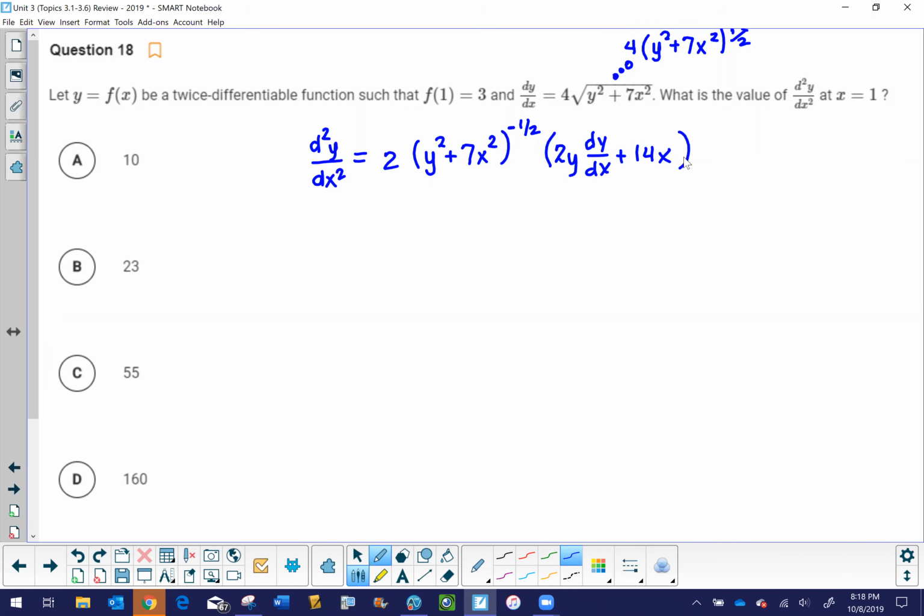It's just that they want us to do more, right? They want us to fill in some values. They want us to let x be 1. Okay, so this x is going to be a 1, and that x is going to be a 1. And then they want y to be, what do they want y to be, guys? They say that f of 1 is 3, but what does that say about y?